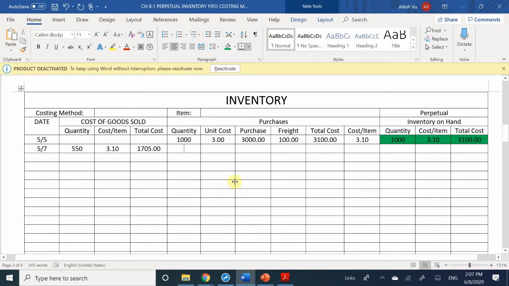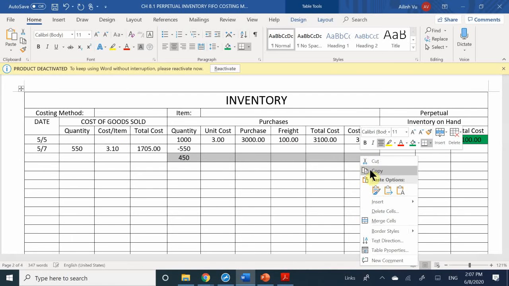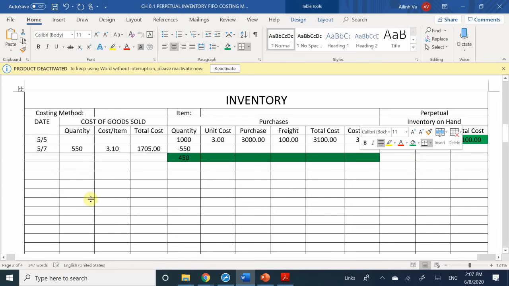So this is where I let you know that I sold 550 items. Therefore, I should get a total of 450 remaining. Then I will highlight this and indicate that it is green because it is in regards to my very first batch. Here I indicated in green already.